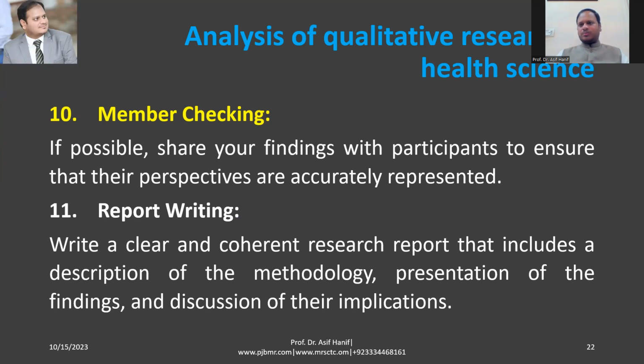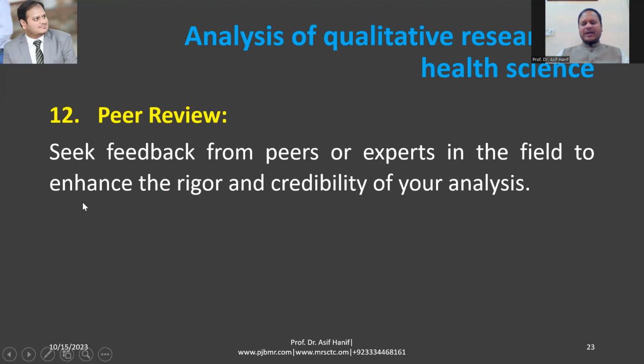Then you may go for report writing. Write a clear and coherent research report that includes a description of the methodology, presentation of the findings, and a discussion of their implications. Again, for example, it may be a research article or your thesis, so there will be a peer review process.